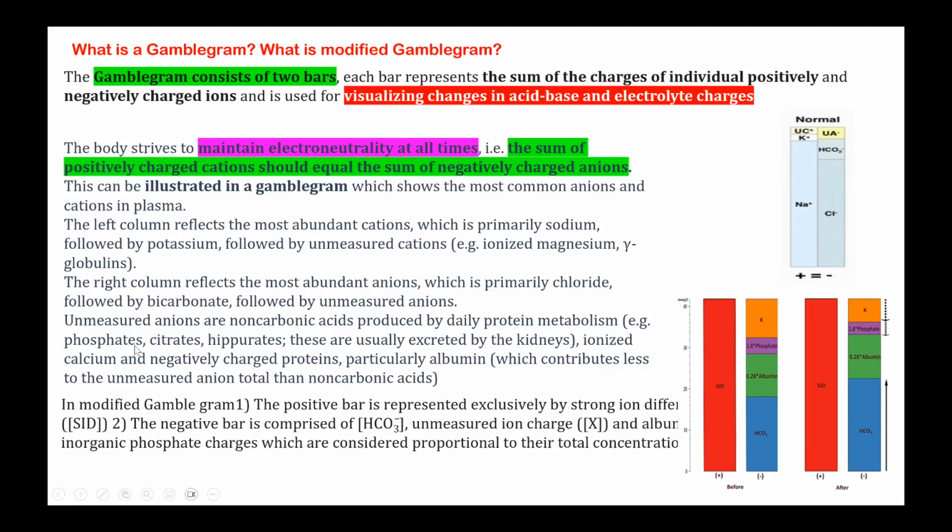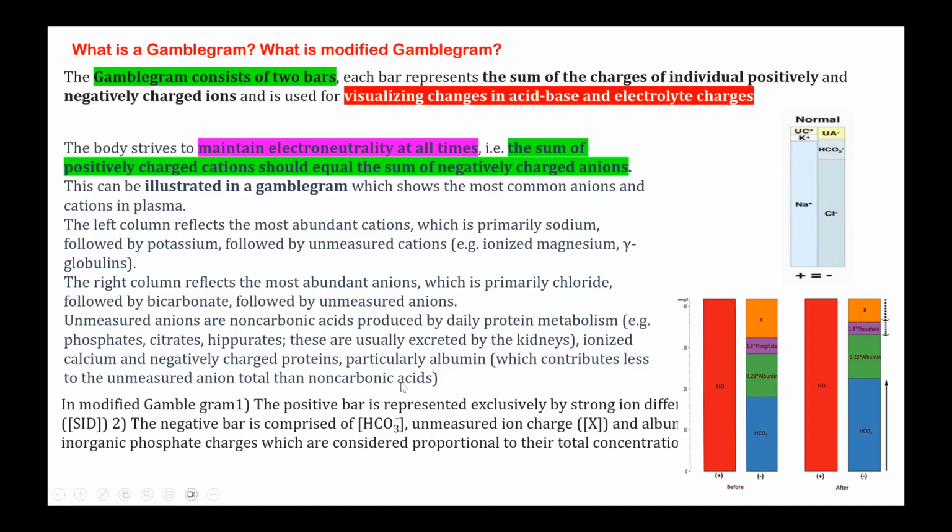And the right column reflects the most abundant anions, primarily chloride and bicarbonate. And there are unmeasured non-carbonic acid products like phosphates, citrates, picrates, etc. And there are negatively charged particles like albumin.